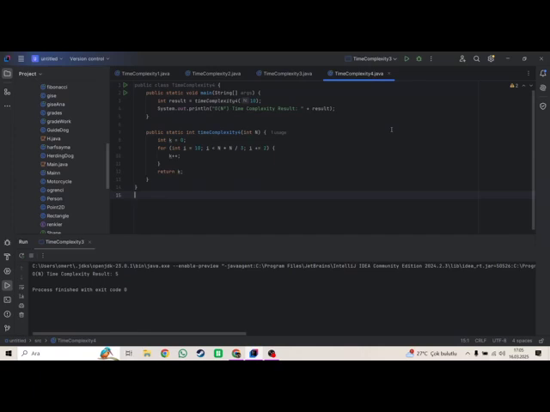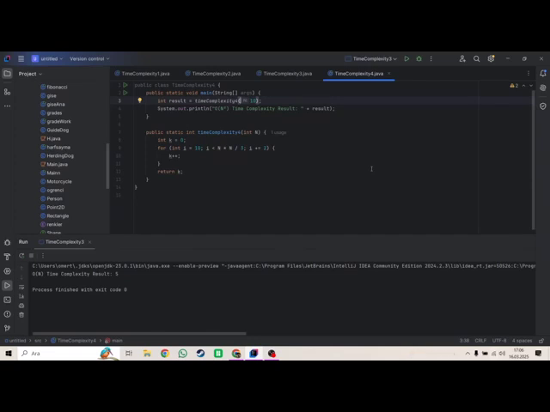Recursive fib again. The function is named recursive fib, and it takes one integer parameter n. The base case: the first line checks if n is less than or equal to 2. If so, the function returns 1. This is because the first two Fibonacci numbers, f1 and f2, are both defined to be 1.